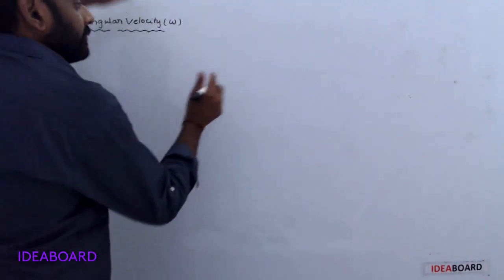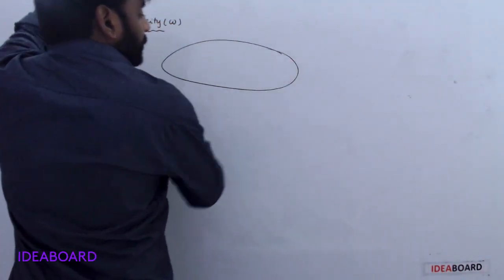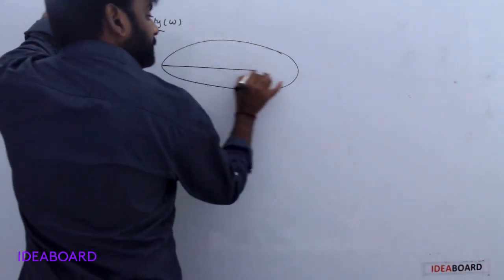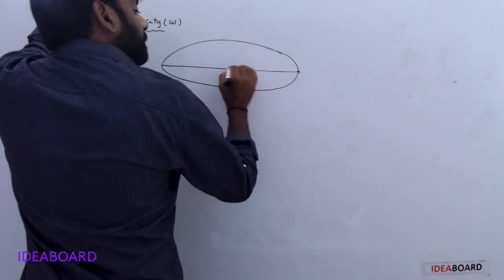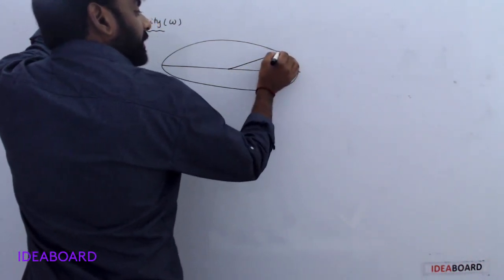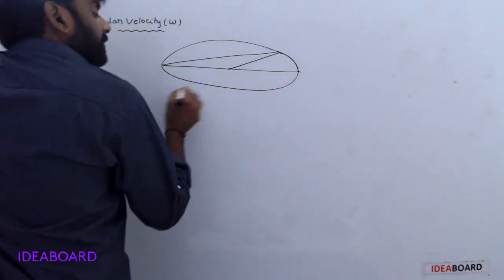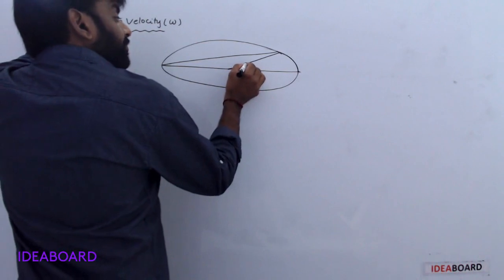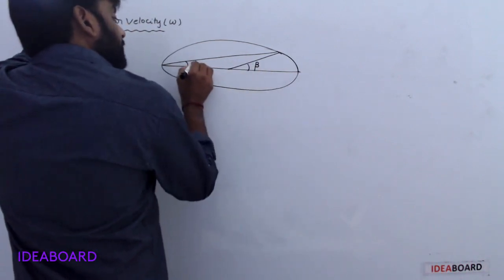Same, one application. A particle rotates in a circular path, from here to here. Now this angle is beta and this angle is alpha.